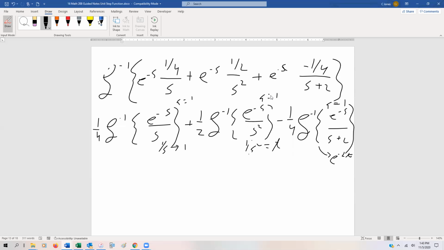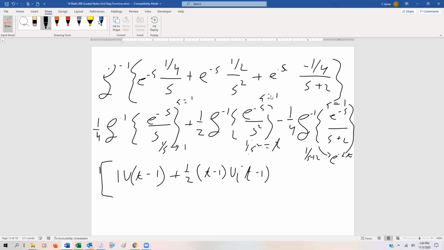Again, that's just the normal inverse Laplace. However, because of this e to the minus s, that's going to transform everything. So we're going to get, and I'm going to put this in a bracket just for this part, 1 times u(t minus 1), plus 1/2, now instead of t, it's going to be t minus 1, times u(t minus 1).